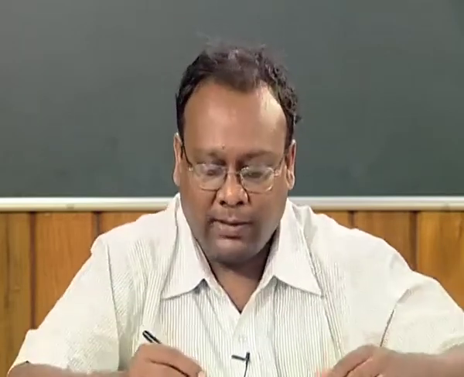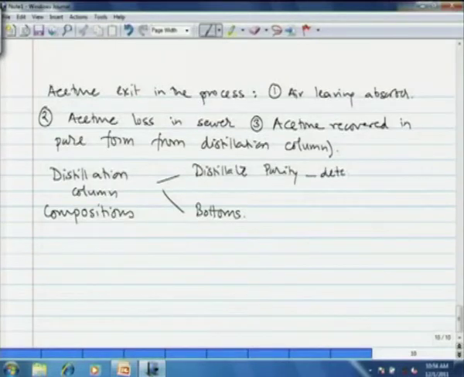If it is recycled to the reactor, then the purity required could be a bit less, let us say 90%, 95% pure could be sufficient. However, if acetone is being sold as a byproduct of the process, then purity has to be relatively higher, maybe 99% or 99.9%. So, the purity factor will be determined from the fate of acetone. The bottoms will be almost pure water with traces of acetone.